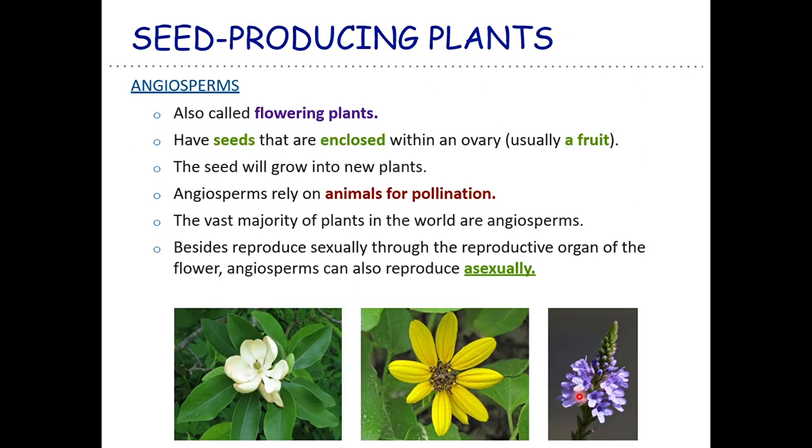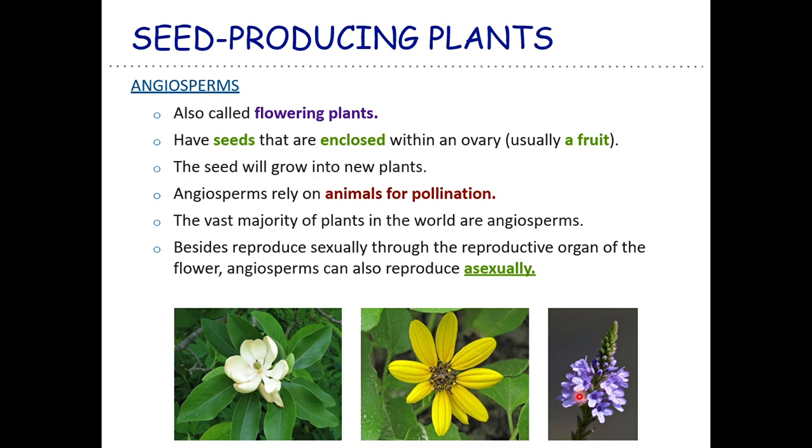Angiosperms are also called flowering plants. They have seeds that are enclosed within an ovary. This ovary is usually a fruit. For fruits such as apple, when you cut the apple, you can see the seeds in the middle. When you plant the seed in the soil, it will grow into a new plant.